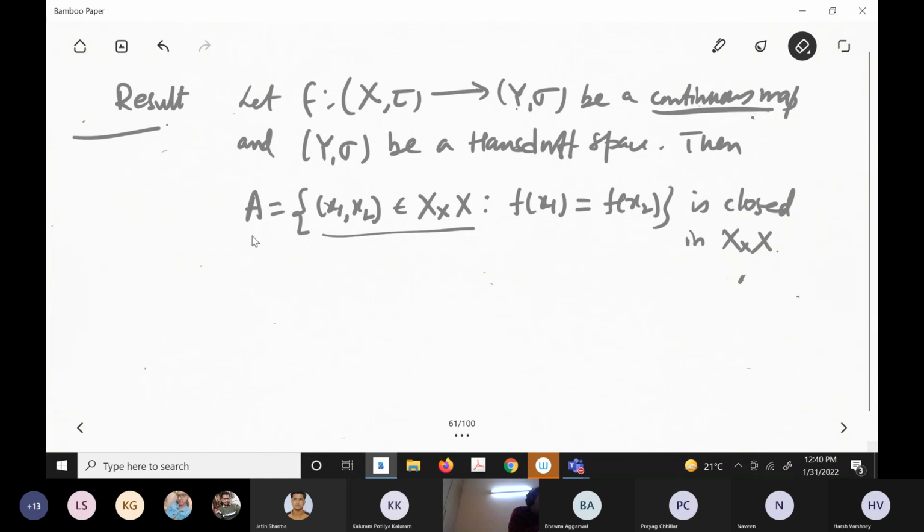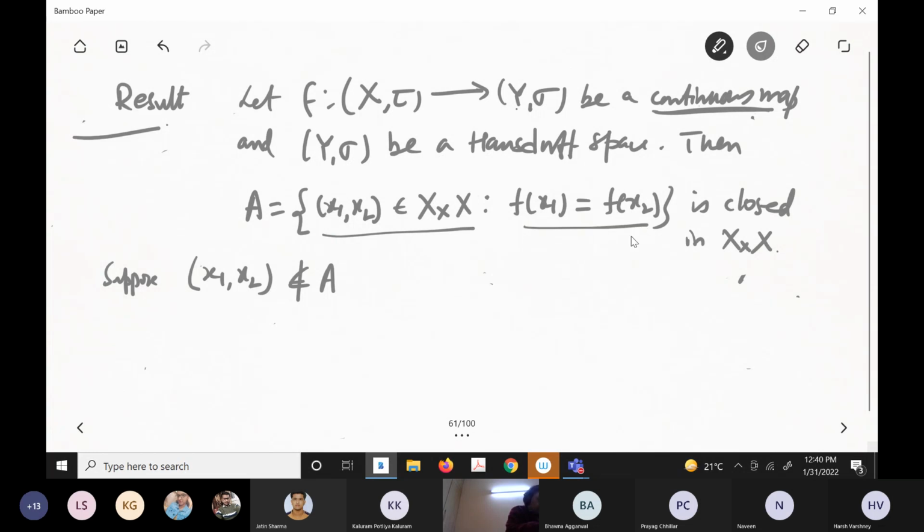What I will do is this: if a point doesn't belong to A, it cannot be a closure point. So take a point (x1, x2) that doesn't belong to A. If it doesn't belong to A, what does that mean? f(x1) is not equal to f(x2). Here I am using Hausdorff.